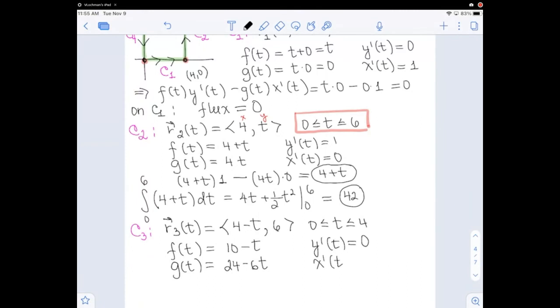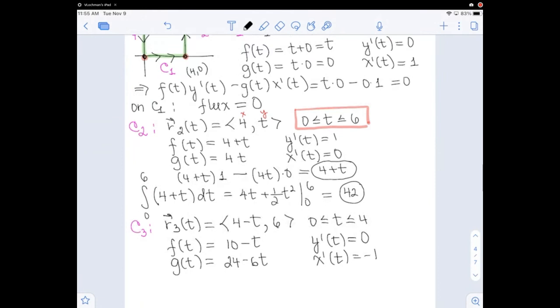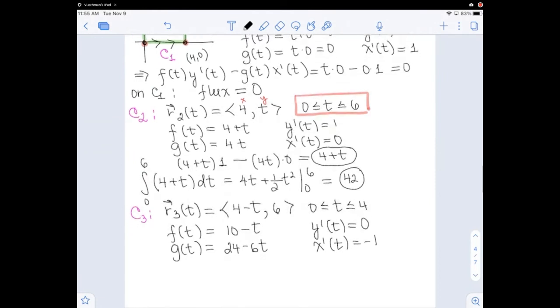X prime of t is going to be negative 1. Let's put all of this together. F times y prime is 10 minus t times 0, minus 24 minus 6t times negative 1. Minus minus gives us a plus, so we're going to get 24 minus 6t.